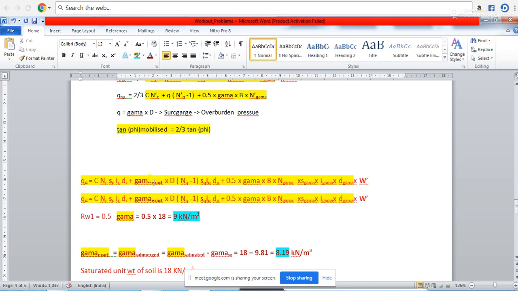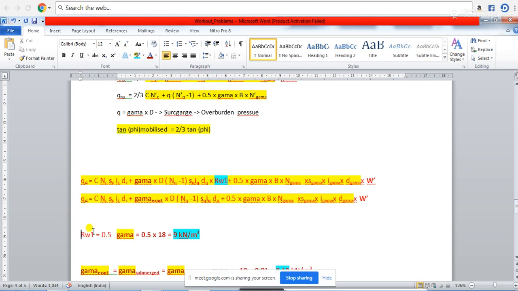I can write either this gamma and multiply it with rw1. This rw1 value is basically a linear interpolation value, depending on the position of the water table. That is what I have shown you.